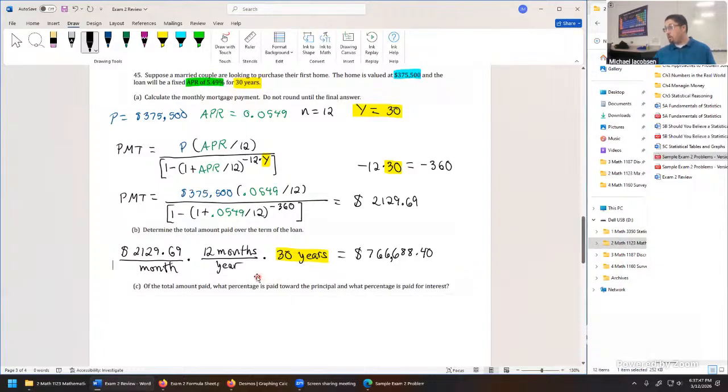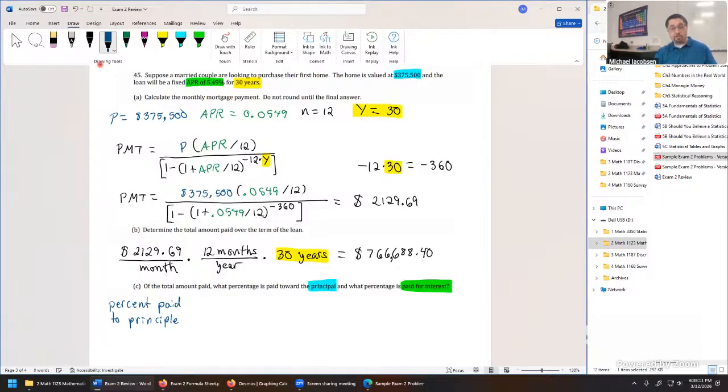So we want to know what percent paid was toward the principal, and what percent paid is just for interest purely. So this is the typical step we wrote out on this stage. Percent paid to principal.